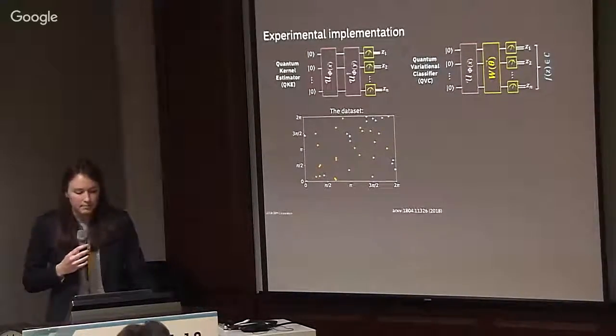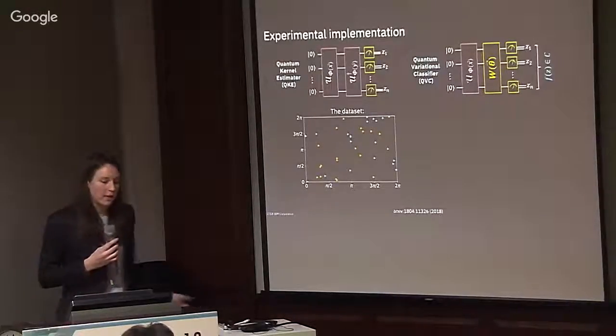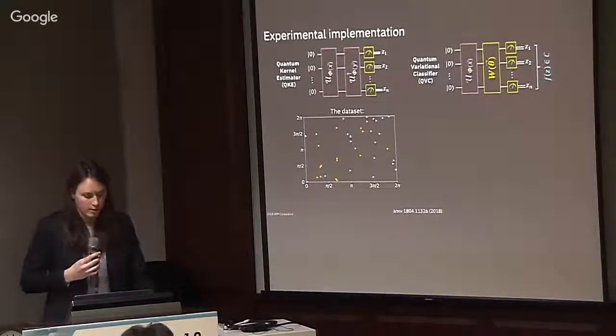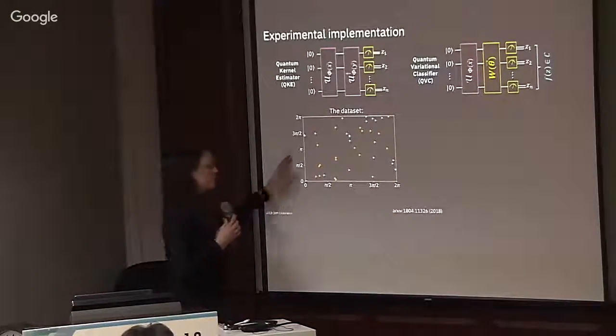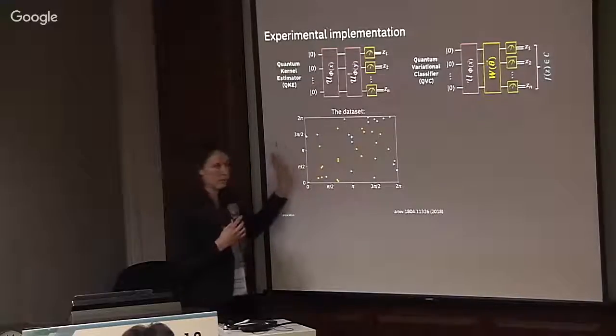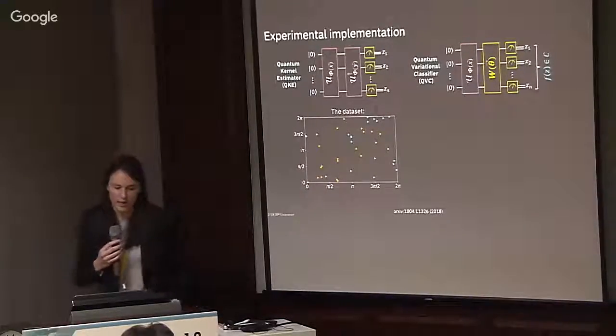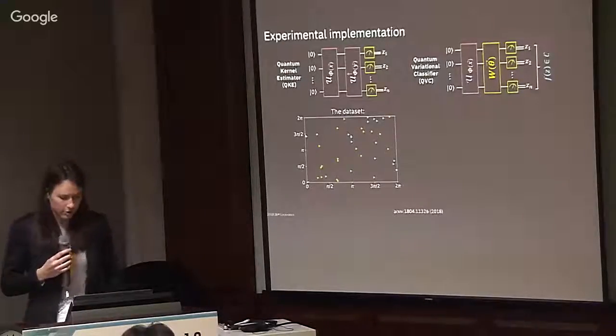So it's a proof of principle that this method could be useful. This is one example of the data set. The entries are mapped between 0 and 2 pi. And then what we want to do is use this as the training set and then build our classifiers.